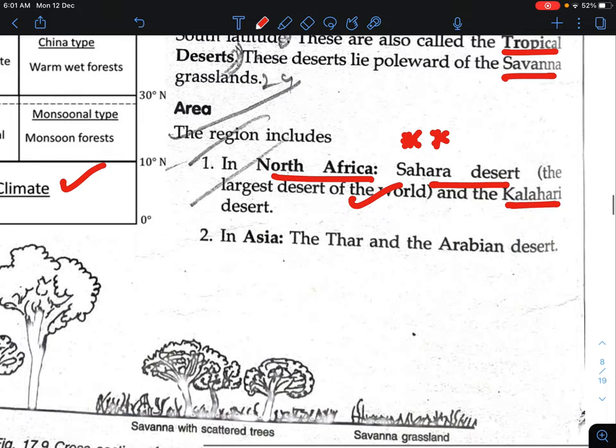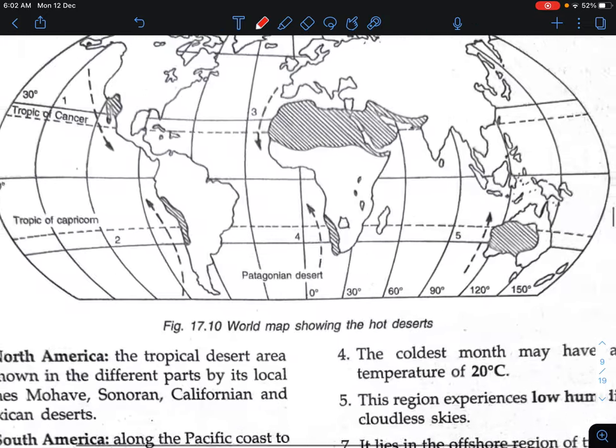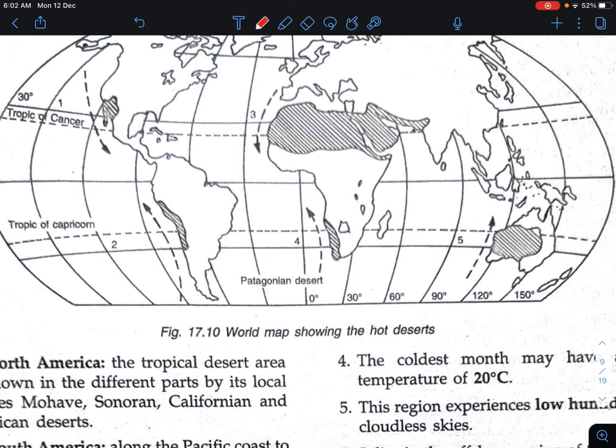And if we talk about Asia, the Thar and the Arabian desert all come under the tropical desert. You can see in the diagram that this is the Sahara desert in North Africa, this is the Kalahari desert, and in Asia, this is our Thar desert, and this is the Arabian desert.